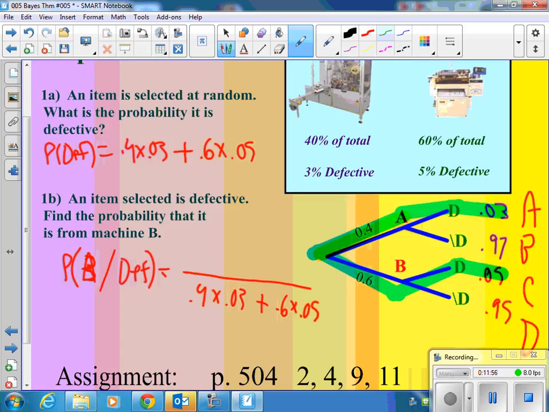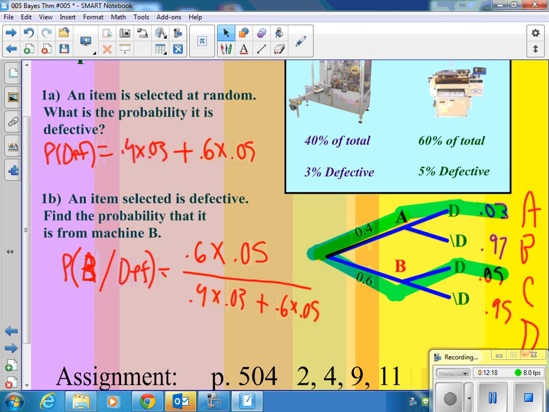The B is defective. C. So it's going to be 0.6 times 0.05. And so all you do is you go 0.6 times 0.05. That's the probability of a defective in B over all the possibilities of being defective, which we just take arm C and arm A. And then you multiply it out and you got it. That's Bayes' theorem.